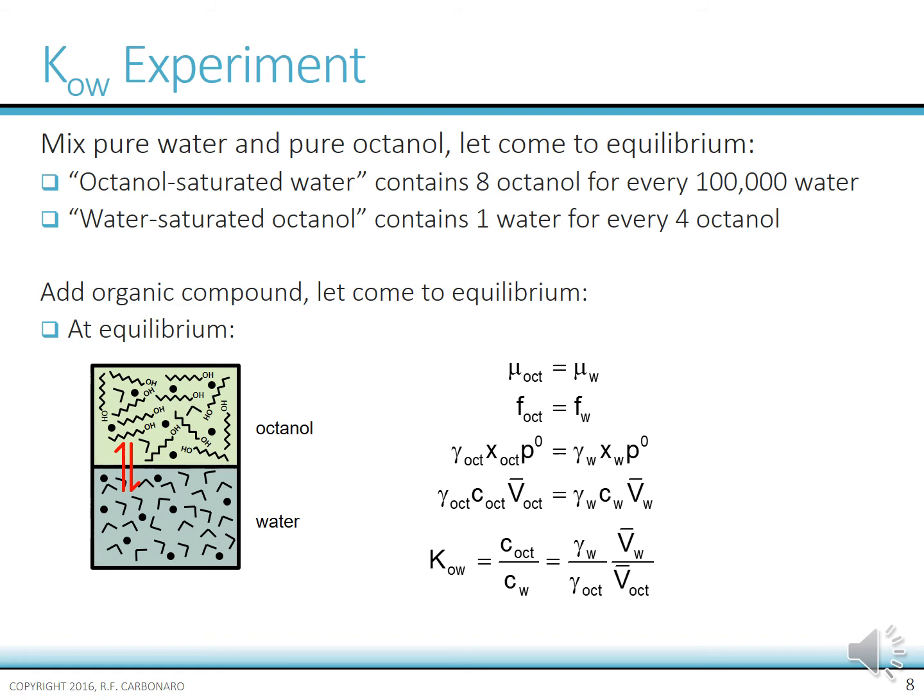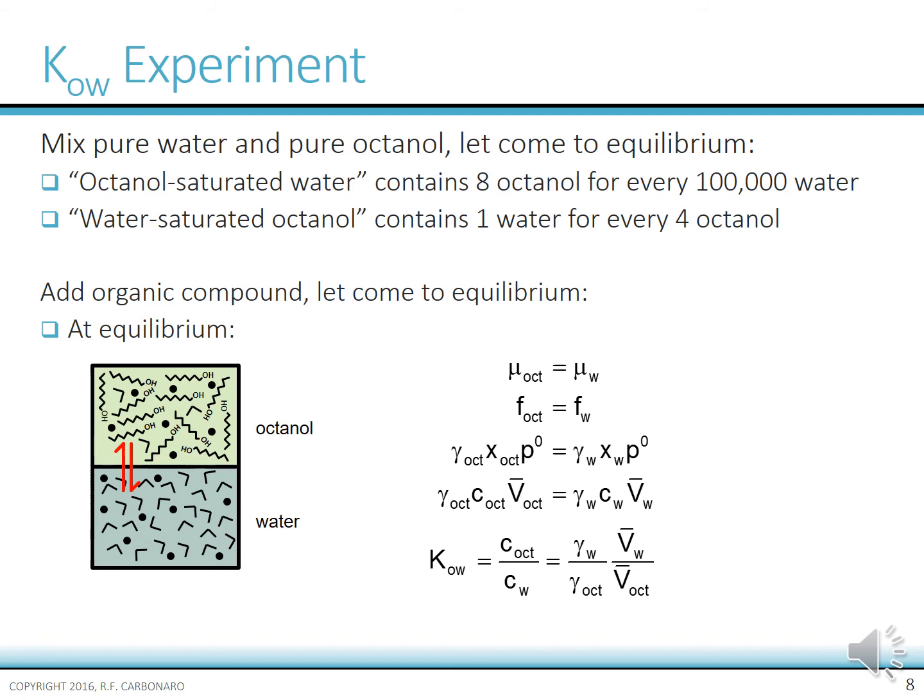So we're going to introduce the chemical, and when we do these experiments, which we've done in my lab many times, what we do is we basically add the chemical to the water. We'll inject it into the water phase via a syringe. We'll dip the syringe through the octanol into the water and inject the chemical into the water, and then we'll wait 24, 48 hours to let the chemical partition throughout the system.